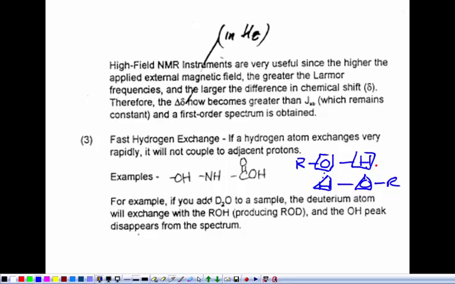And so for alcohols, for amines, NH, NH2s, and carboxylic acids, the chemical shift of the OH or the NH could be anywhere. It could be anywhere between 2 and 14, which is the working region of a proton spectrum. So that means these peaks could show up anywhere. They don't have defined chemical shifts.